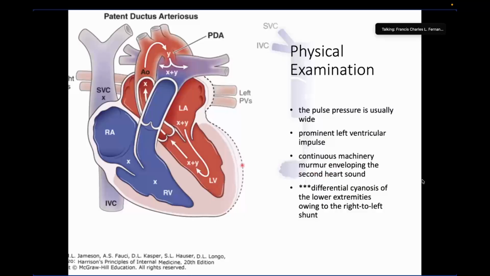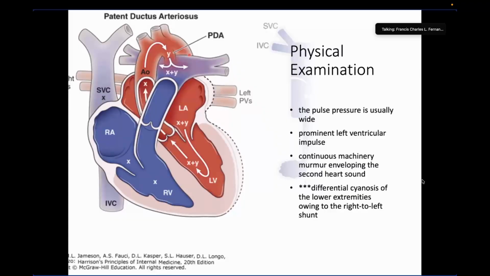So you could have differential cyanosis of the lower extremities because of the right to left shunt. Here, in the systemic part, after the left subclavian, usually there is a shunt there. So the unoxygenated blood mixes with the oxygenated blood coming into the legs, because it is after the left subclavian.